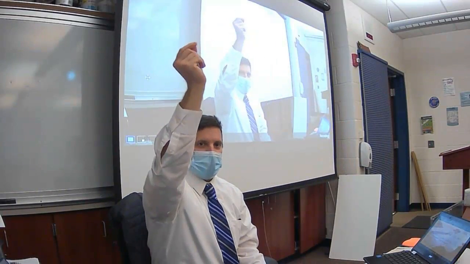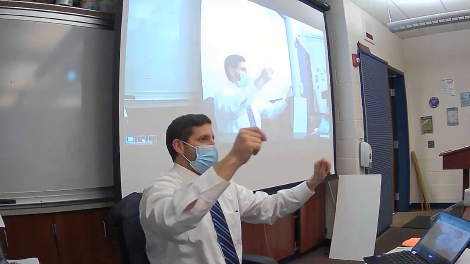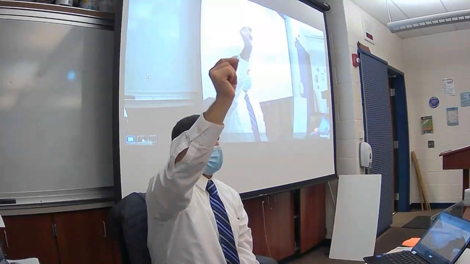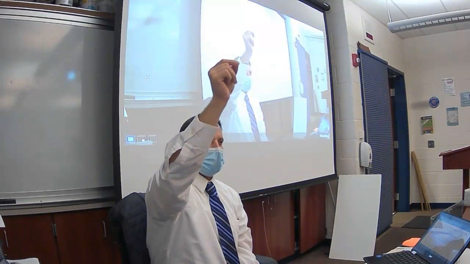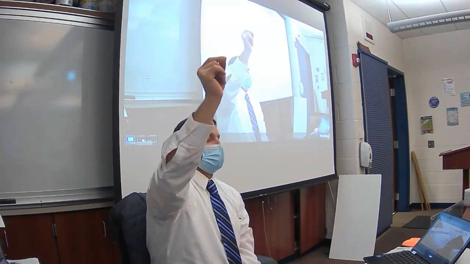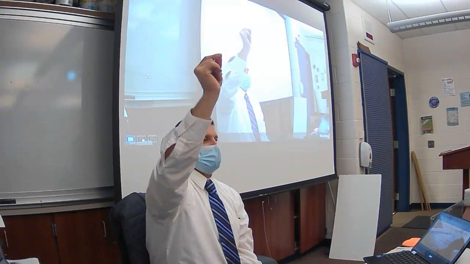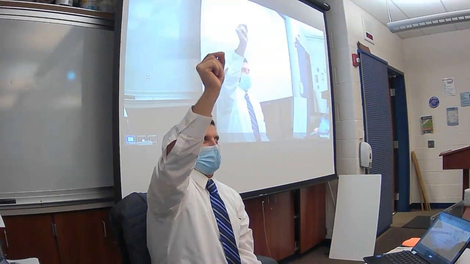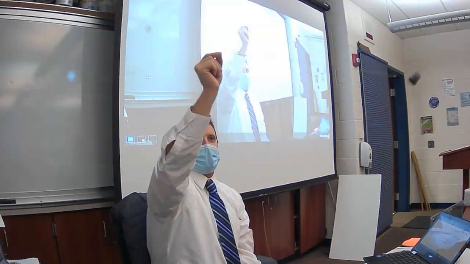I'm swinging an object on a string. This is just a rubber stopper on a string. All right. So there's obviously centripetal acceleration because we got circular motion, right? There's also centripetal force because there's got to be something making it go in a circle, right? So what specific force is making this stopper go in a circle? What's directly attached to the stopper?